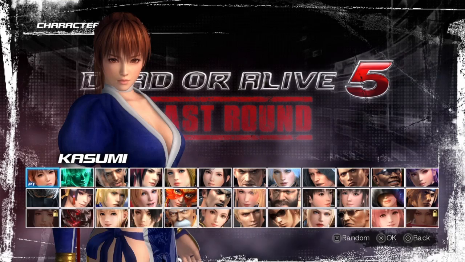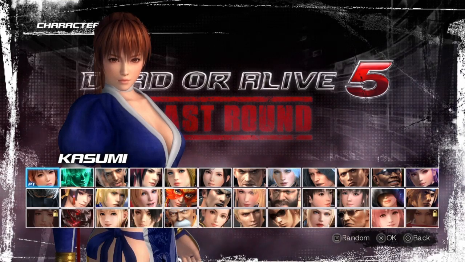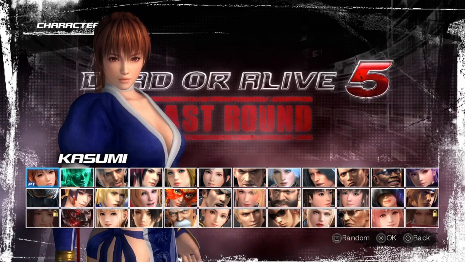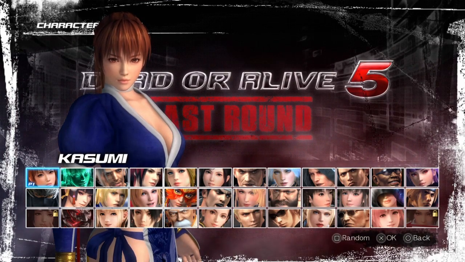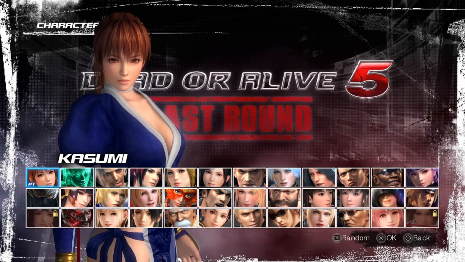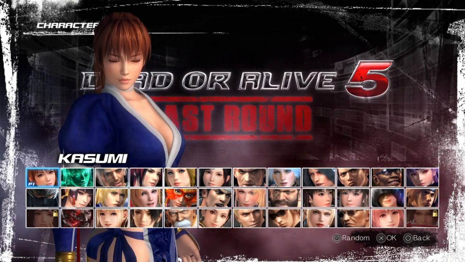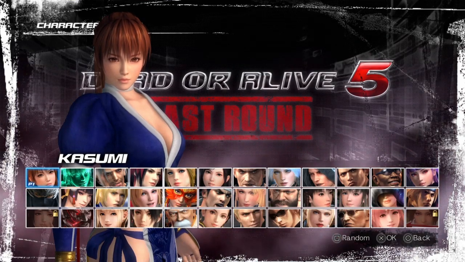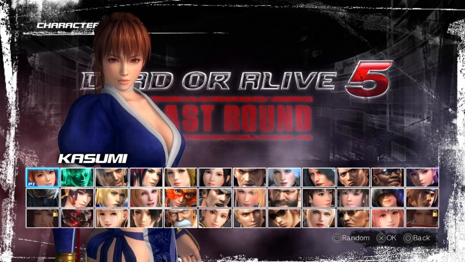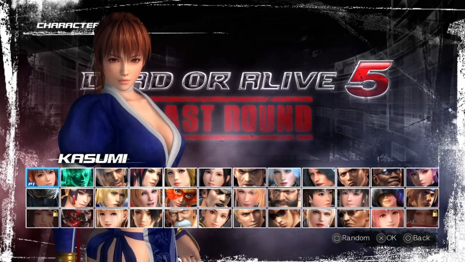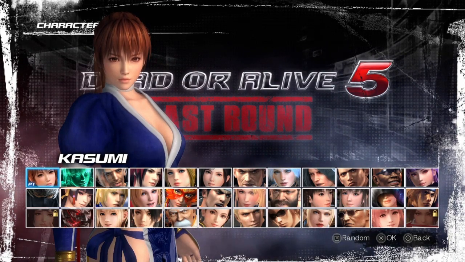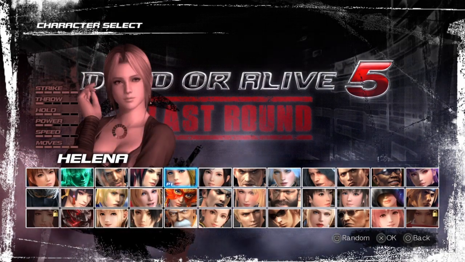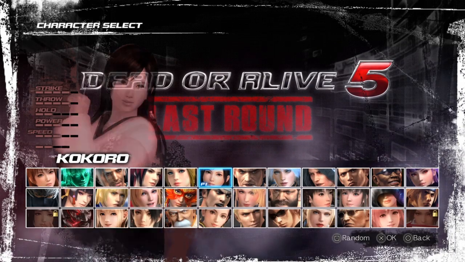Now if I'm going to do an episode involving me teaching you something, for example, if I was teaching you Asuka, I would be using a yellow outline, a yellow frame. But if it's going online, I would be using a blue one. Or for example, if I was using Kasumi, I'll be using blue or a character specific colour. For example, yellow, technically blue, I guess pink.